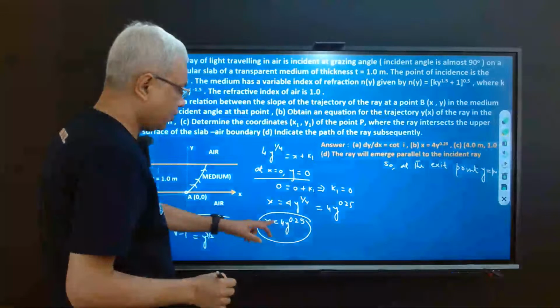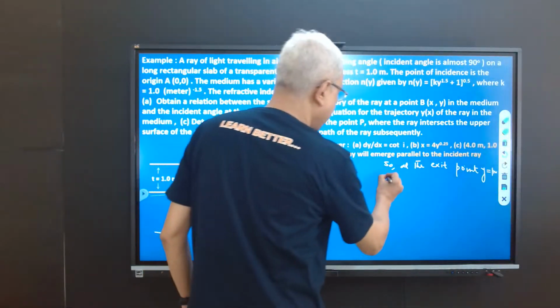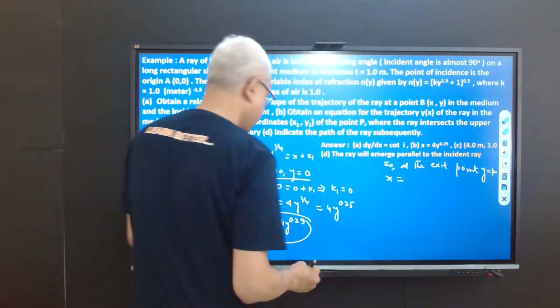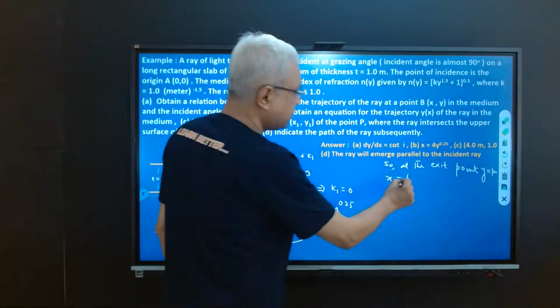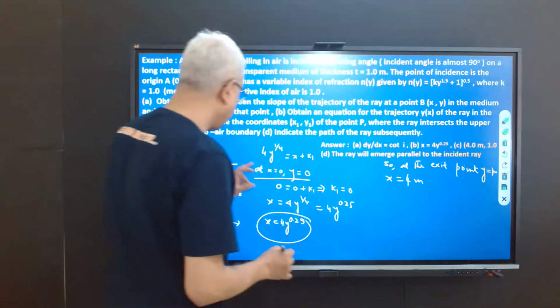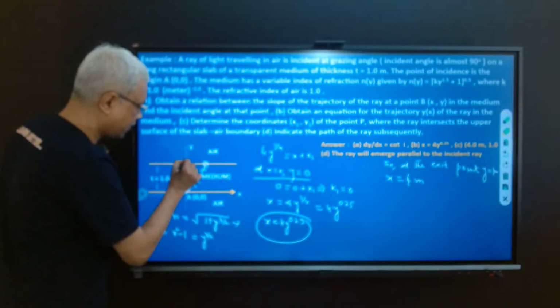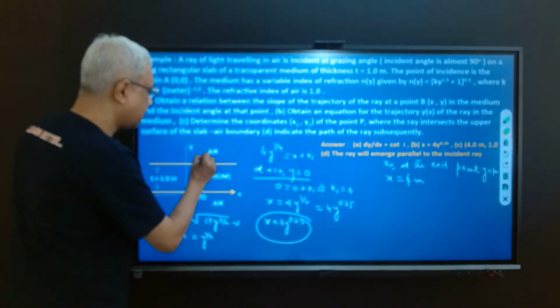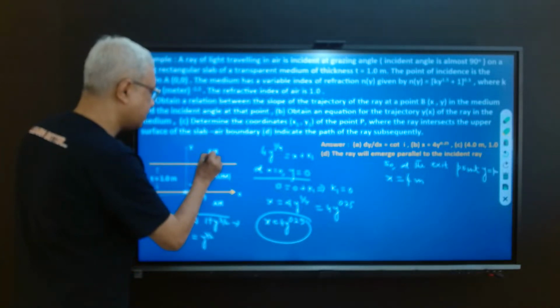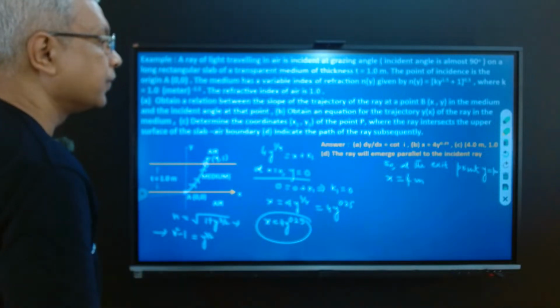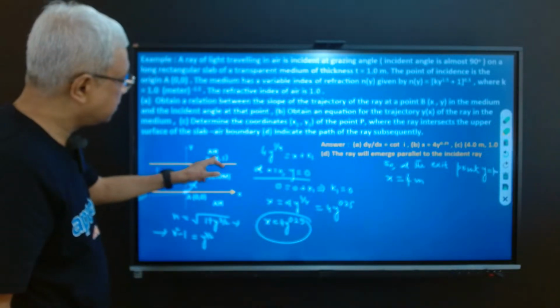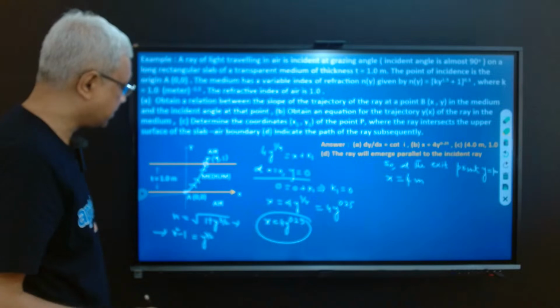So when y is 1, then the x value is simply 4, and the unit is 4 meter. Therefore, the coordinate of the exit point, if I call this point E, is 4, 1. And the unit is meter, 4 meter, 1 meter.